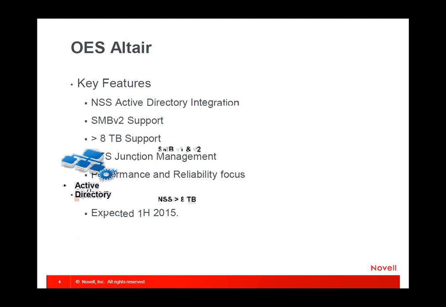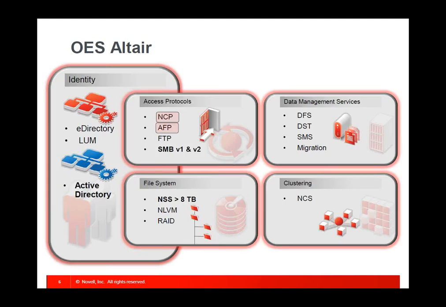So how are we doing that? We are adding some changes to the stack to categorize that, and we'll look at the details of that in the next slide. So this at a high level is what's being done in the OES Altair release like we just covered. SMB v2 is getting added, greater than 8 terabyte support, along with support for Active Directory users. How are we doing this?